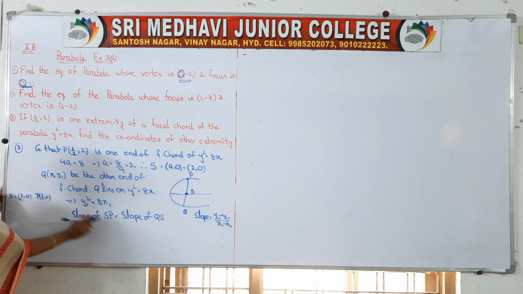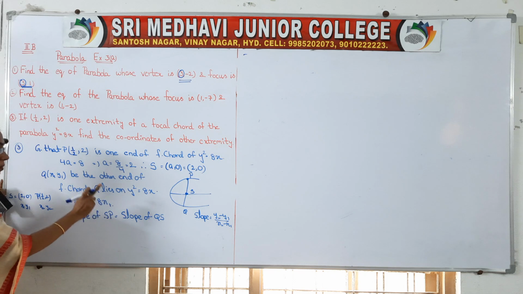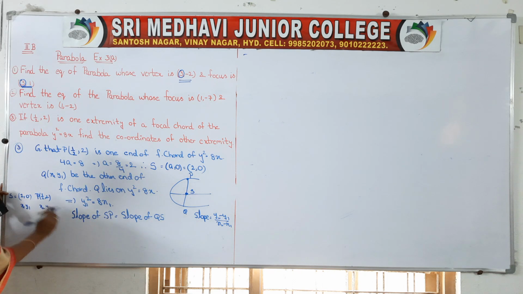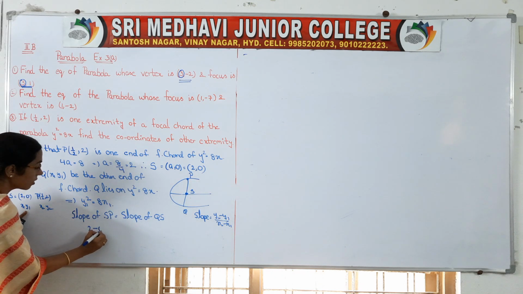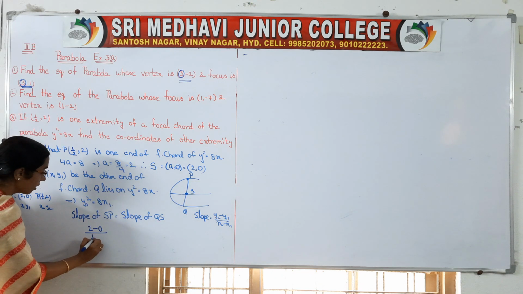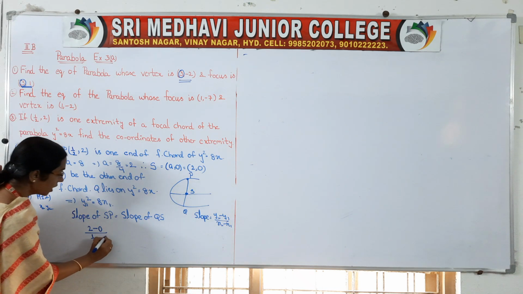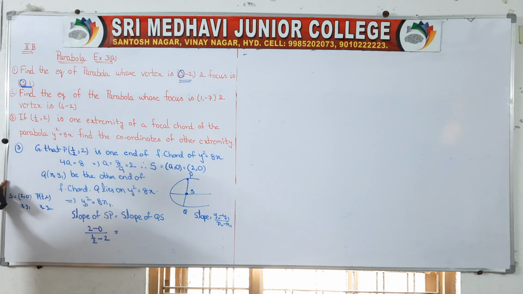You consider S as (x1, y1) and P as (x2, y2). So the slope of SP is equal to y2 minus y1, so it is 2 minus 0, by x2 minus x1, it is 1/2 minus 2.